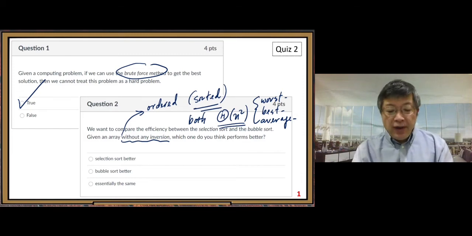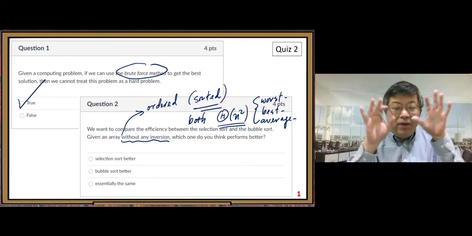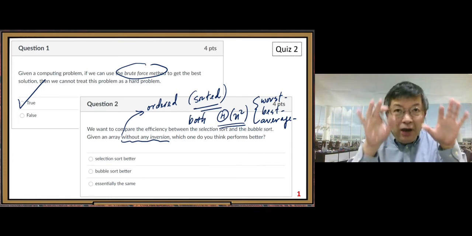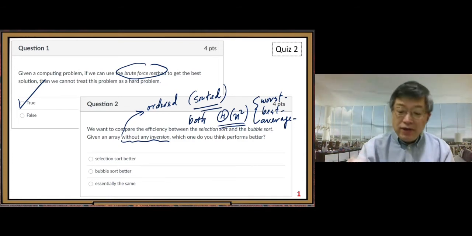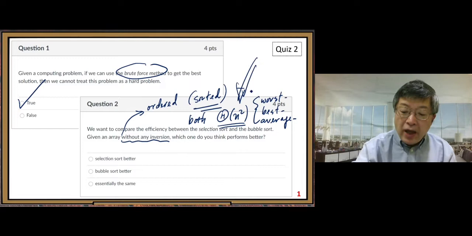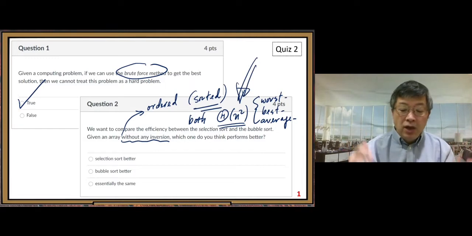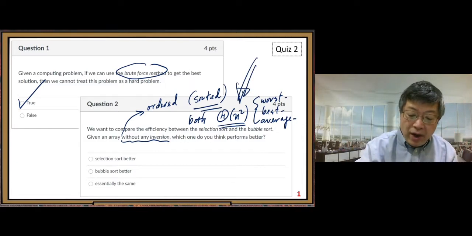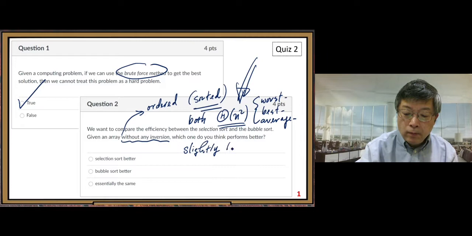But if we really want to compare which one is slightly better, even though they have the same growth function, sometimes we may like to compare which one is slightly better. That's possible, right?